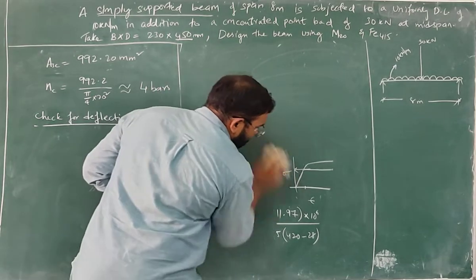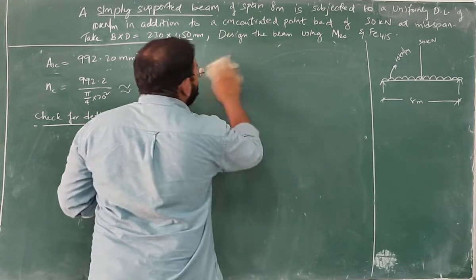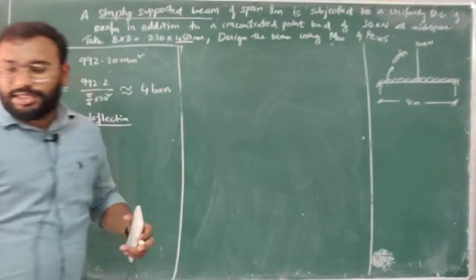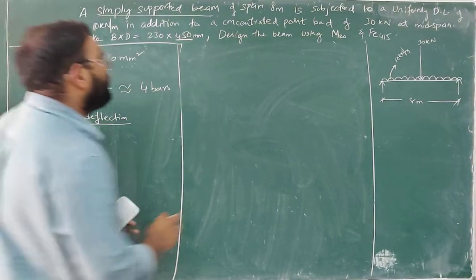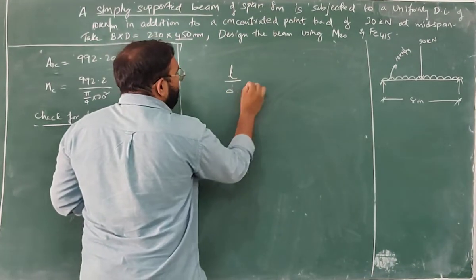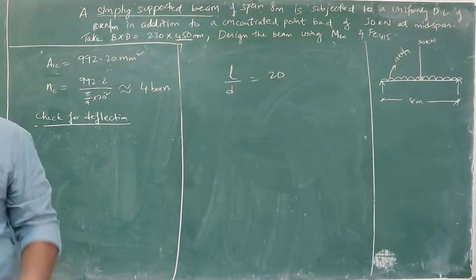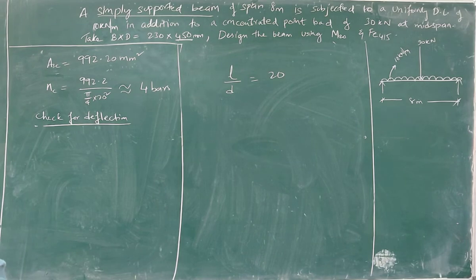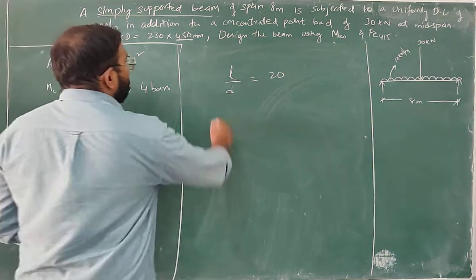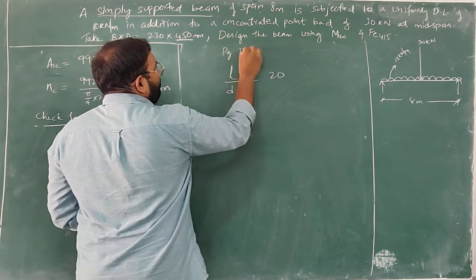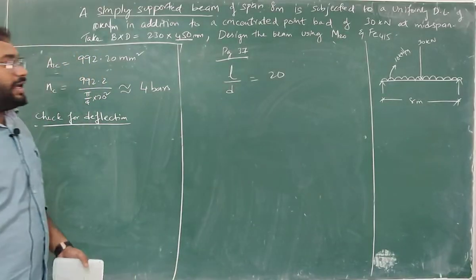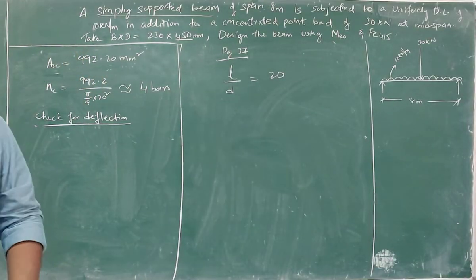L by D. You are given the span, and based on the condition you were calculating small d. For simply supported, how much is the L by D value? 20. It is given on page number 37.